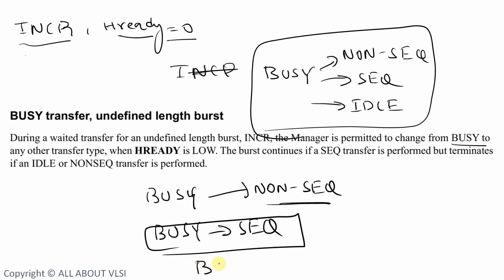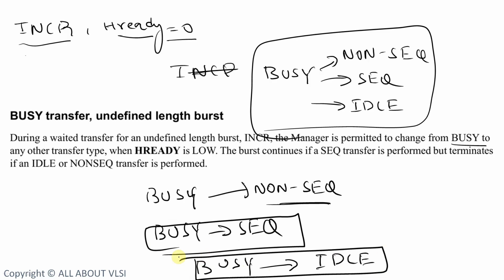And if the master is changing the transfer type from busy to idle, then in this particular case also the present transfer has completed. We don't know about the new transfer, but the present transfer has successfully completed if the master changes busy to idle. So this is how the master can change the transfer type from busy to any other transfer type, and this is the meaning if the master changes to any one of the transfer types during the undefined length burst.